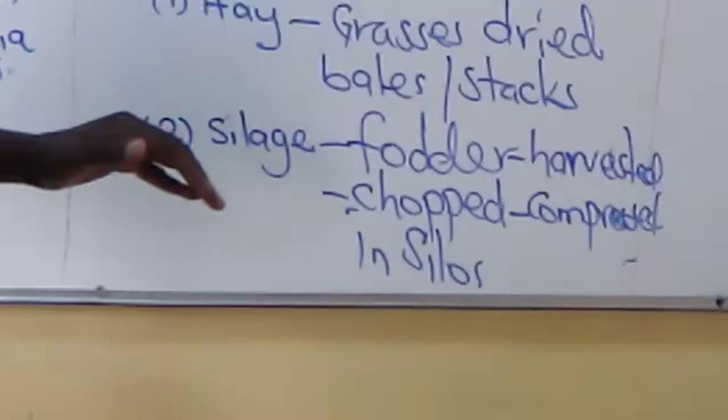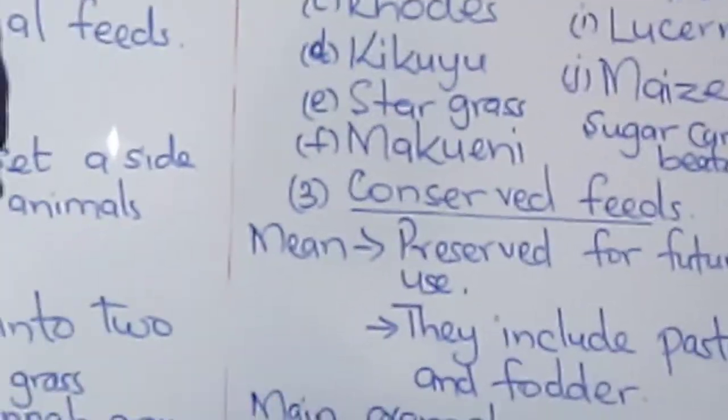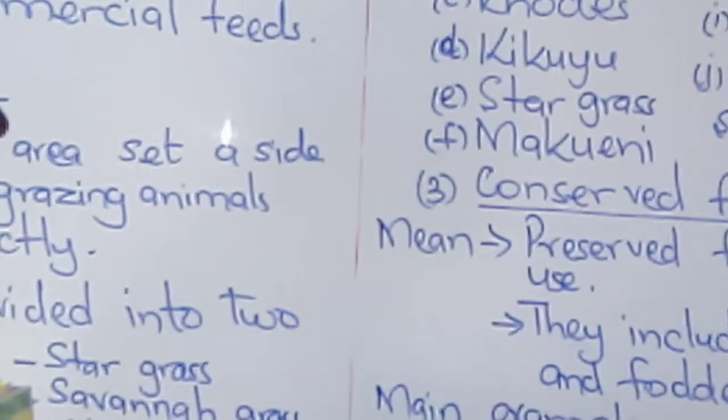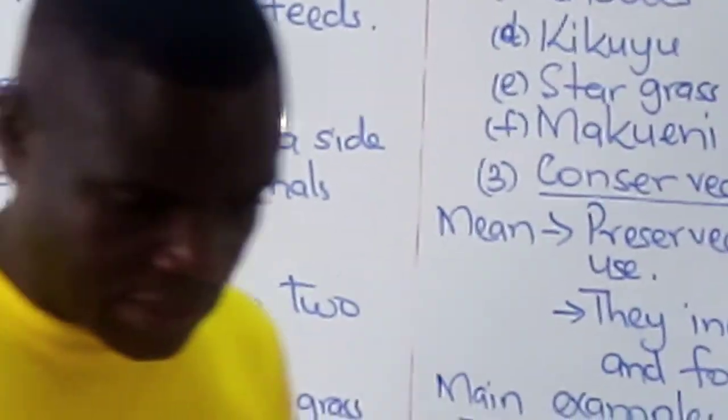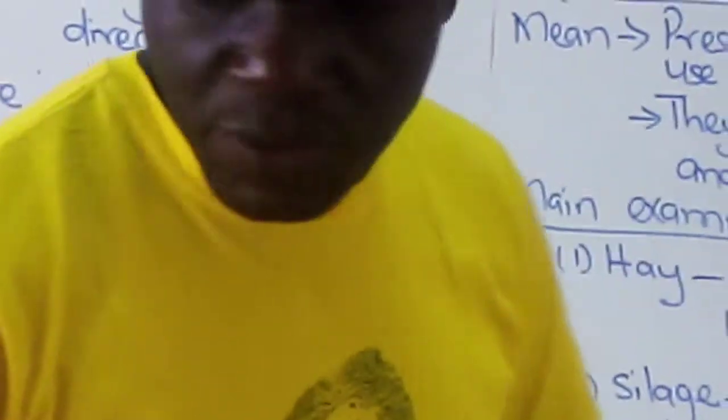This is silage. So remember, conserved feeds include hay and silage, and you can see the difference between hay and silage, boys and girls. I cannot show you an example of silage because I don't have it here.